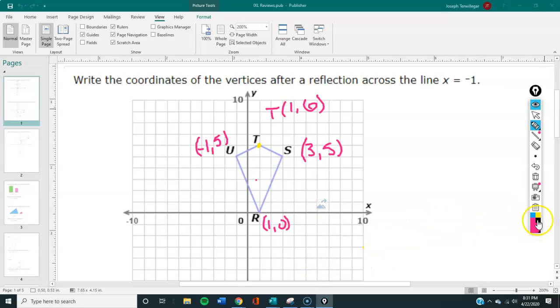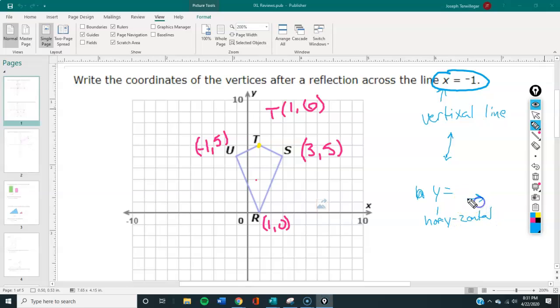Before we do that, we need to ask ourselves, what does the line x equals -1 look like? Well, remember, if it's x equals, that's a vertical line. And vertical lines go like this, right? Up and down. If you have y equals something, that's a horizontal line.